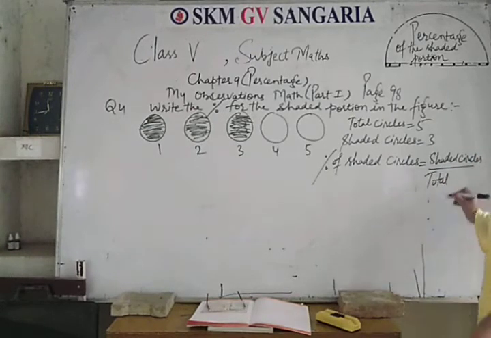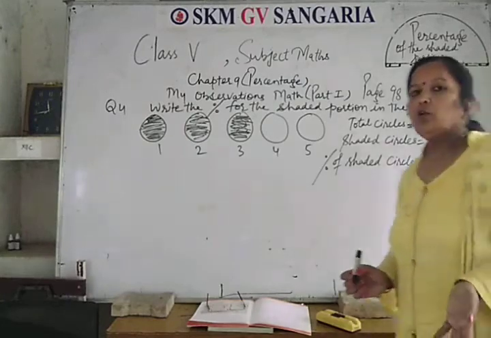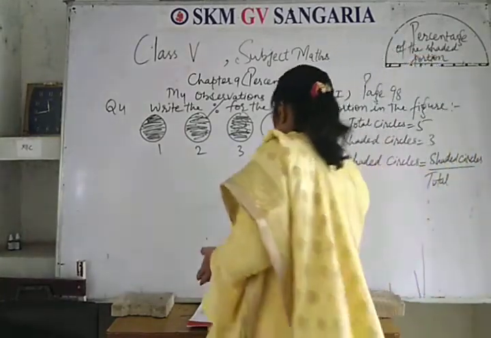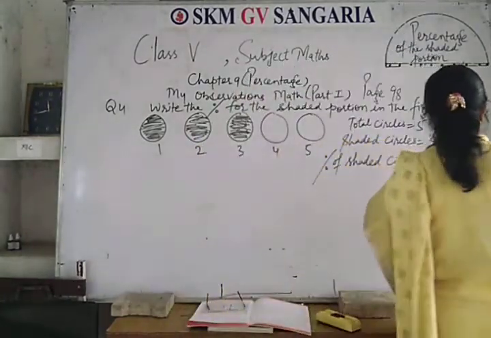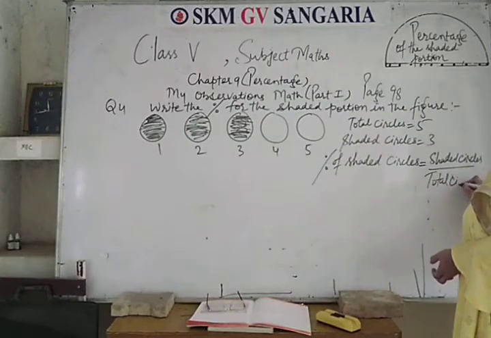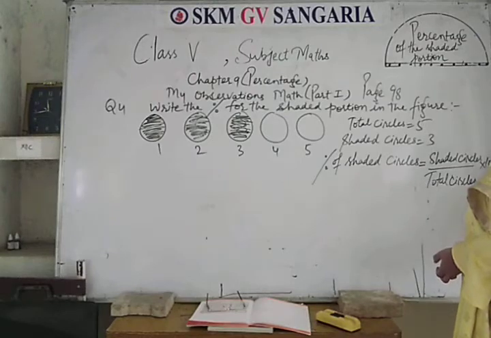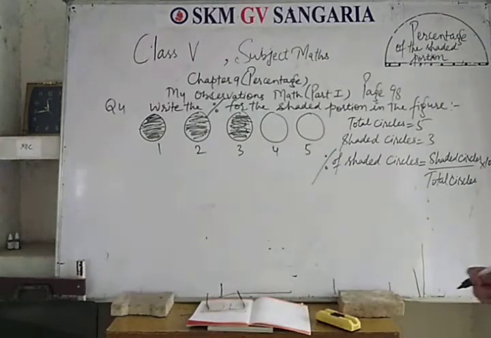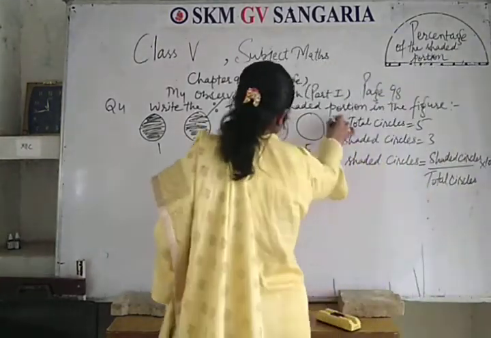Total will always be taken as denominator. Total circles into 100%.